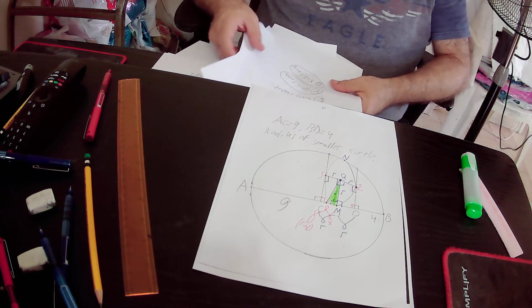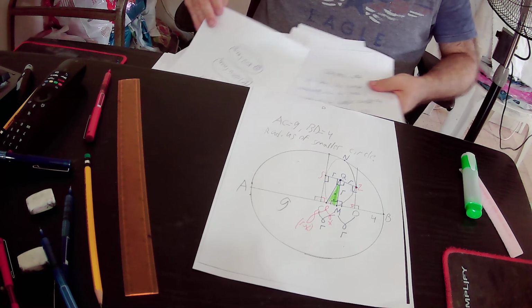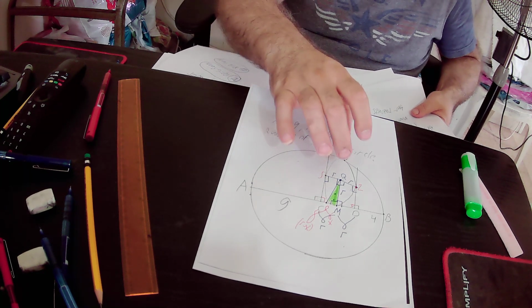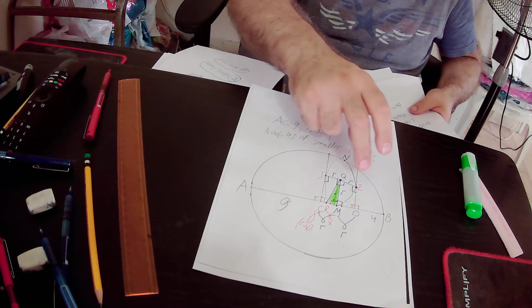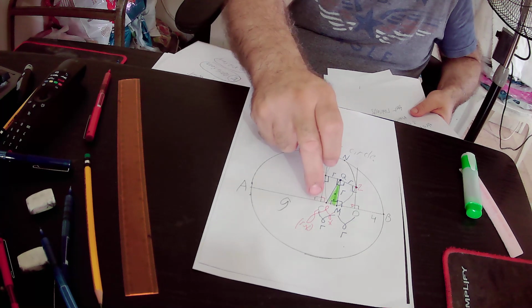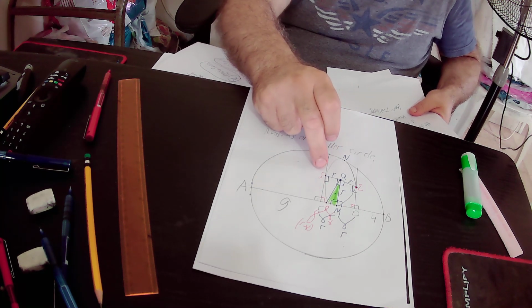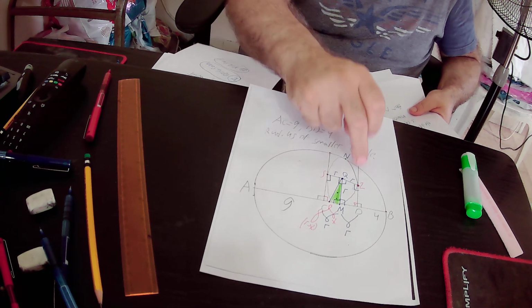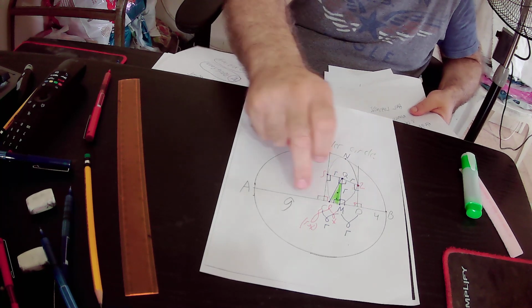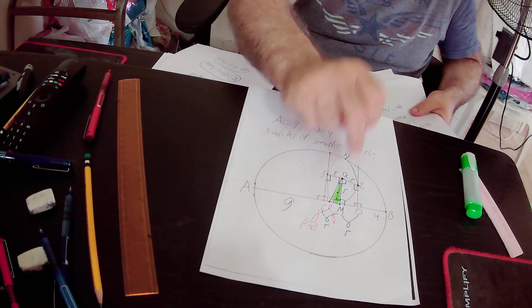And we also know that the small circle has three tangents. This tangent is tangent to the circle at point S. This tangent is tangent to the circle at point Z. And this tangent is tangent to the circle at point M.